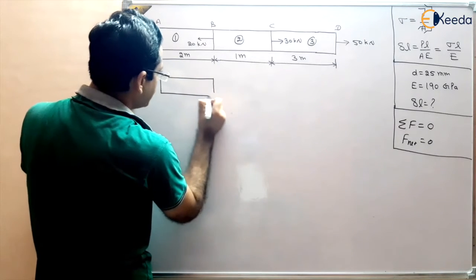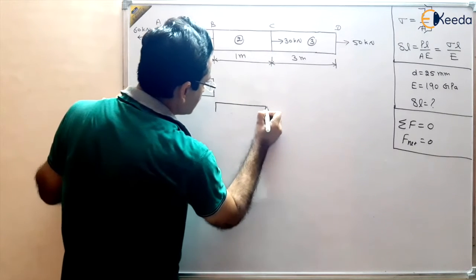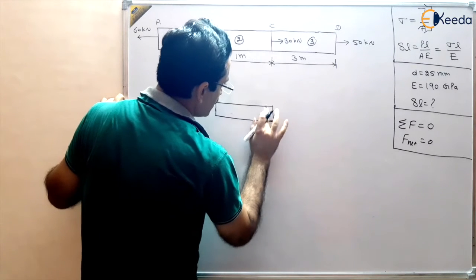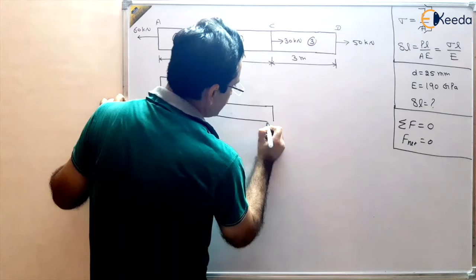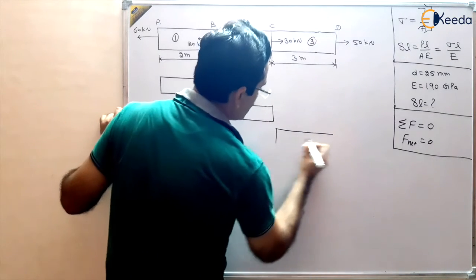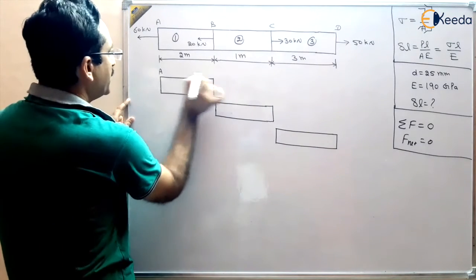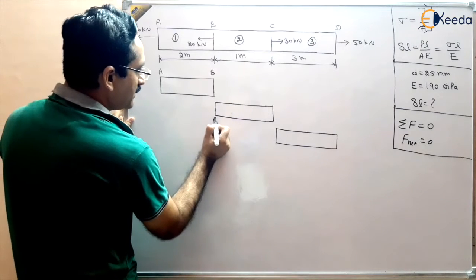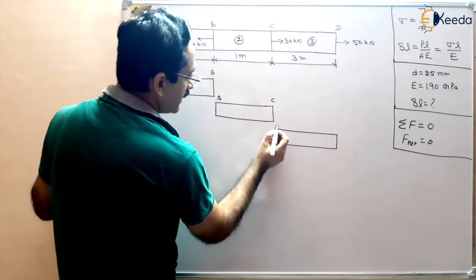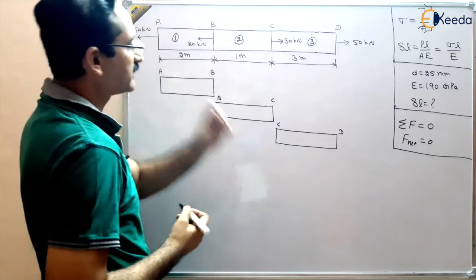This is one section, this is another, this is AB, this is BC, and this is CD. These are the 3 sections of the bar.